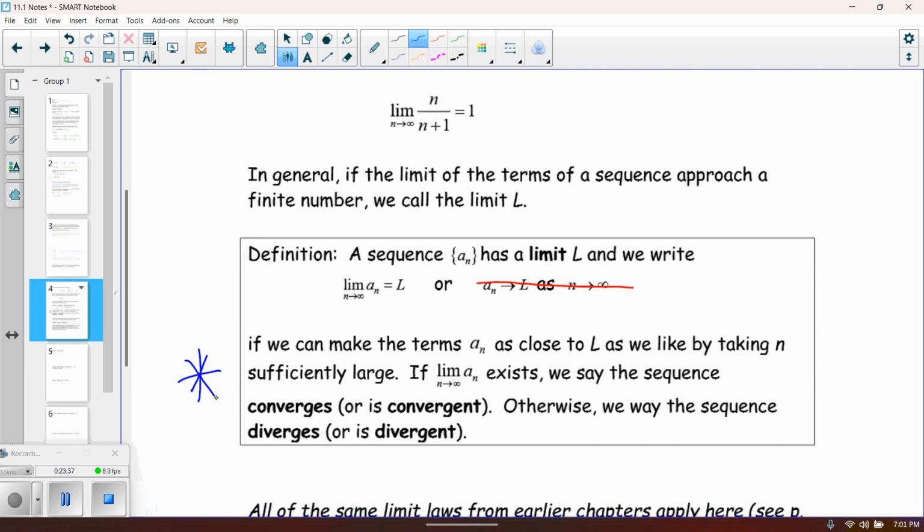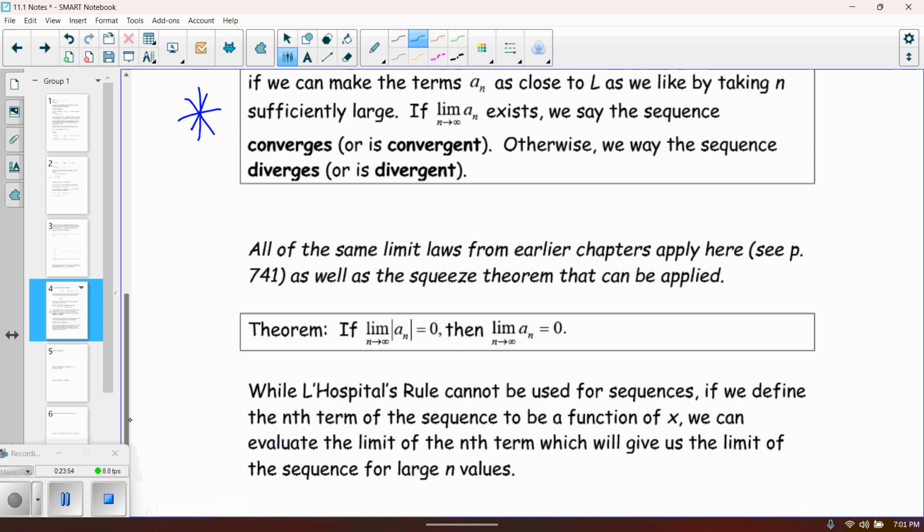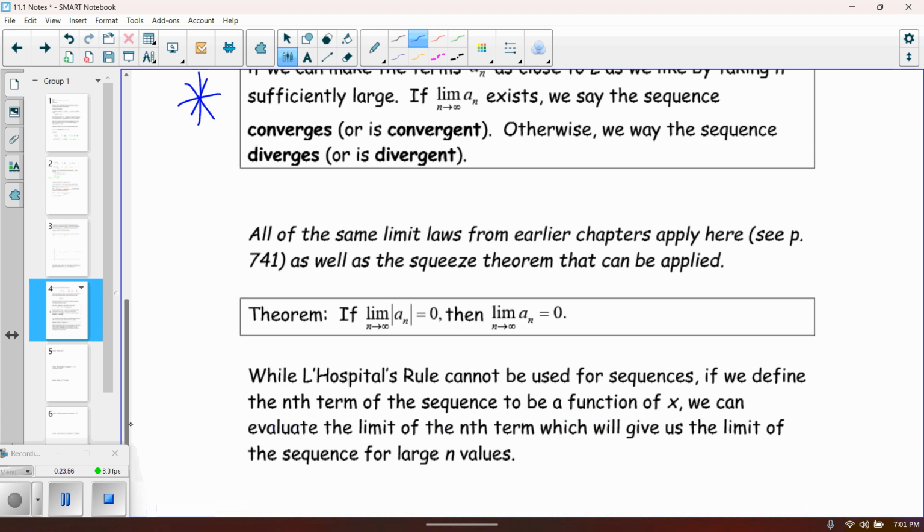So again, if you take the limit as n goes to infinity of your sequence and you get any finite value, an actual finite number, then it is convergent. Otherwise, it is divergent. All right, a note just for the future is that all the same limit laws that we've used before are going to apply here, as well as the squeeze theorem, which we will be using at some point during these examples.